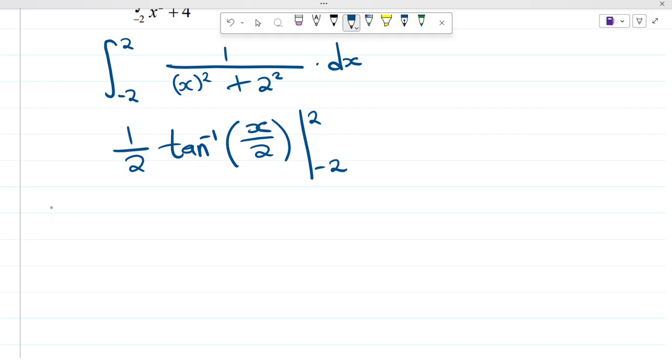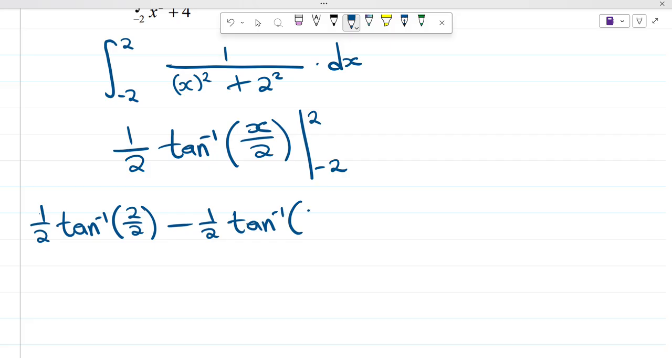The limits give 1 over 2 tan inverse of 2 over 2 minus 1 over 2 tan inverse of minus 2 over 2. Then you should get something like what I'm going to get here.